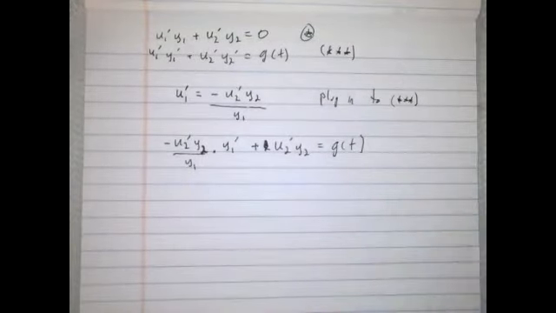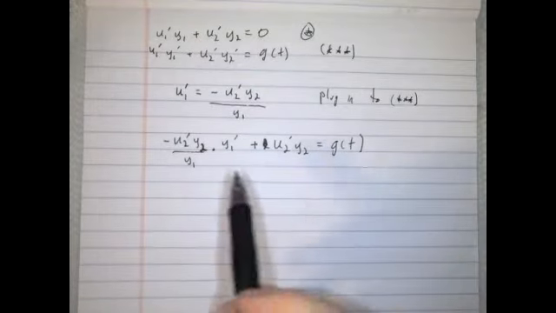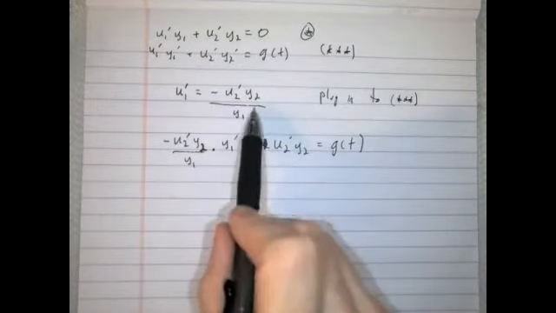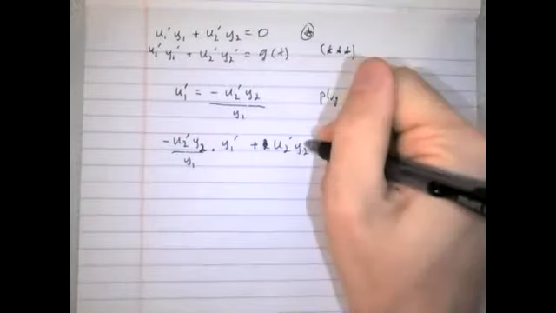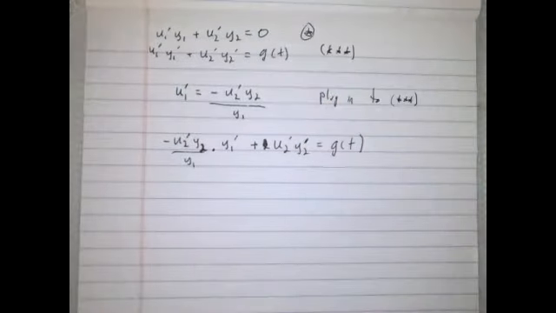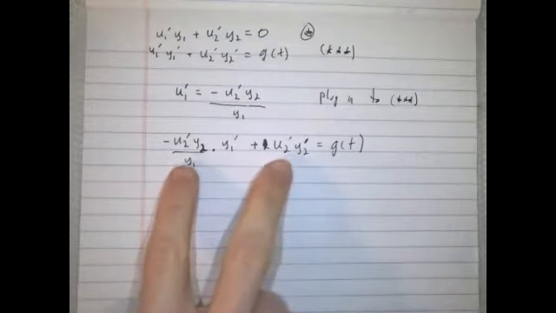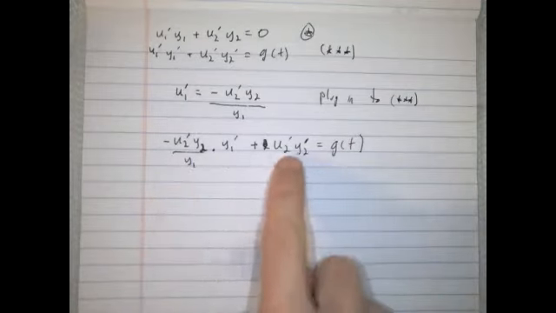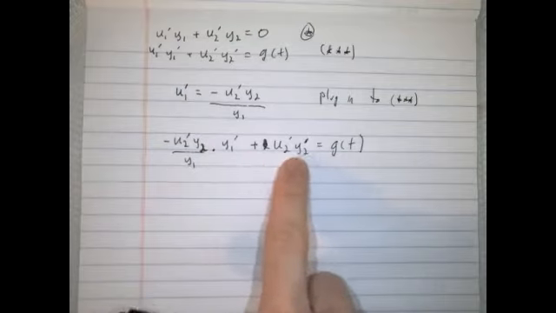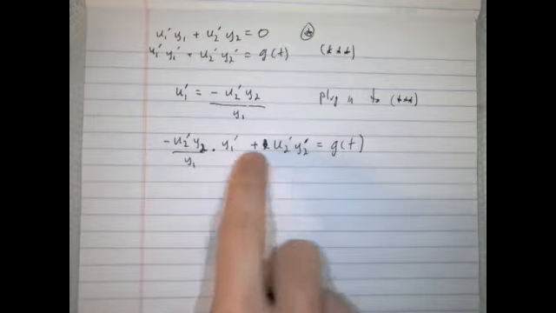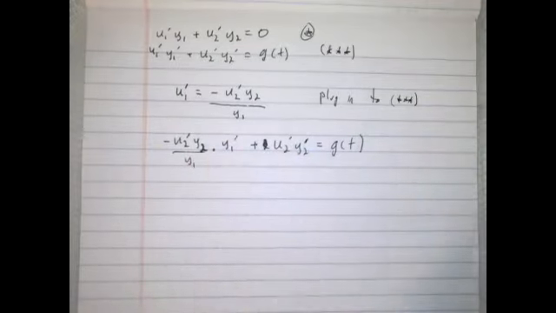Here it is indeed y2 prime, thank you. And remember, we're trying to solve for u2 prime. And so what we should do is get a common denominator, divide by y1, and factor out a u2 prime.